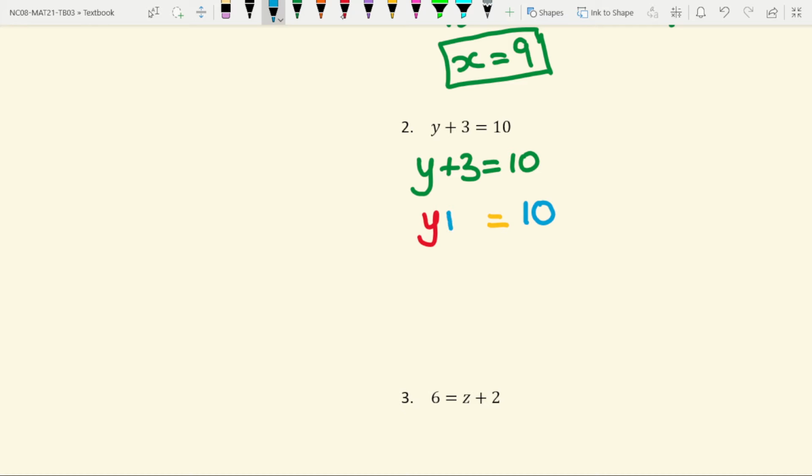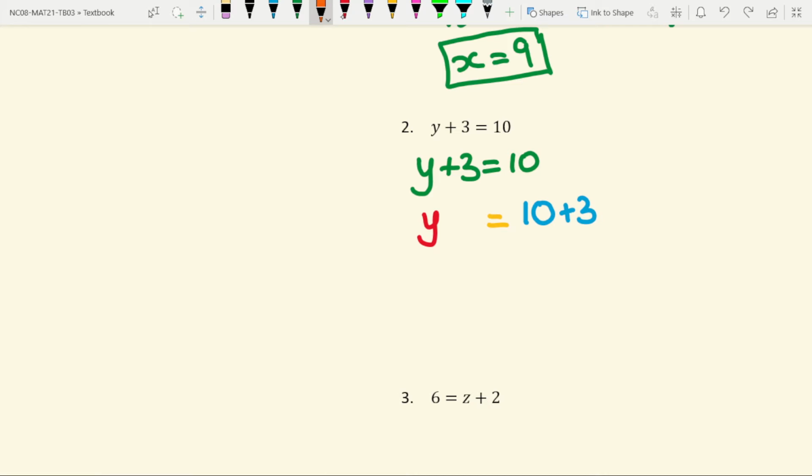But plus 3 is a known term that has been given in LHS. So we have to shift it to RHS, and while shifting we have to change the symbol. Instead of writing plus 3, we change it to minus 3.